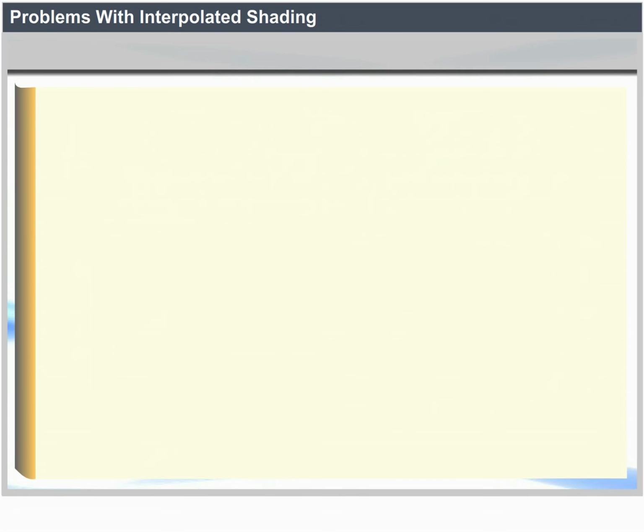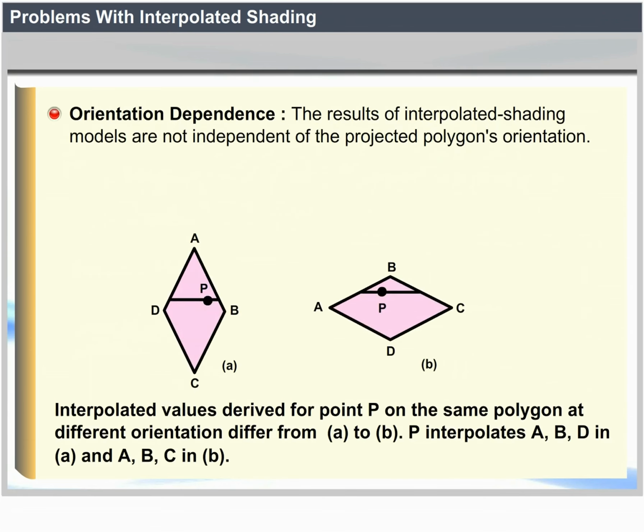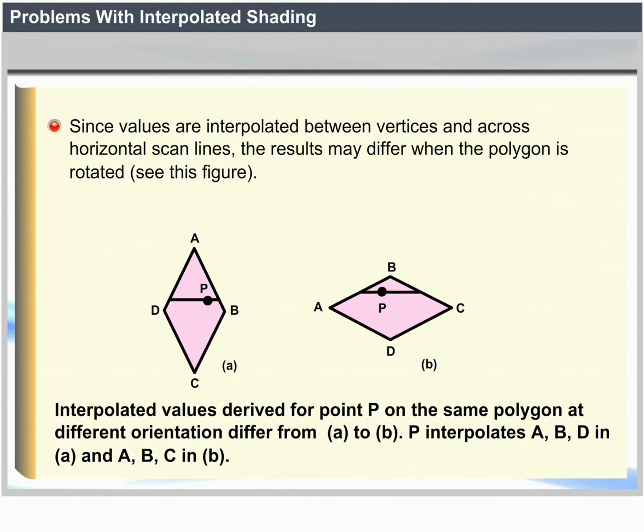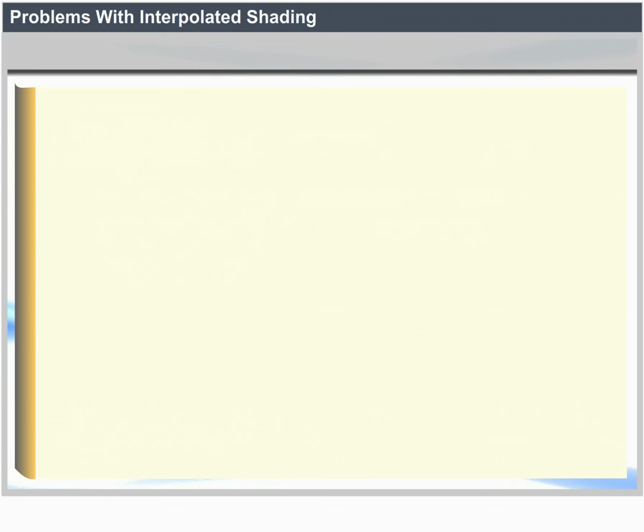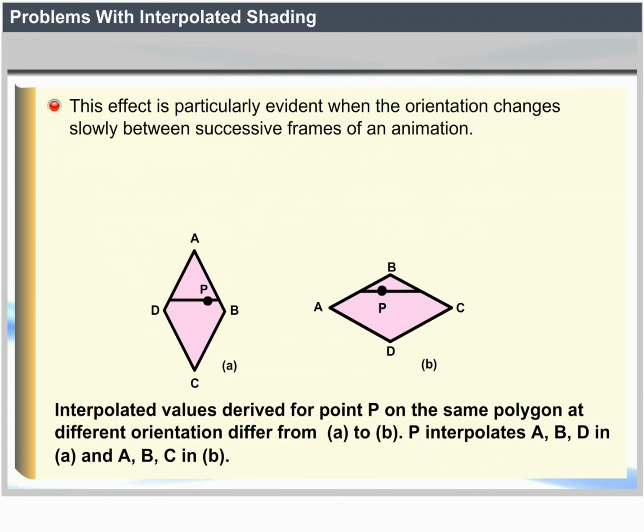Orientation dependence. The results of interpolated shading models are not independent of the projected polygon's orientation. Since values are interpolated between vertices and across horizontal scan lines, the results may differ when the polygon is rotated. See this figure. This effect is particularly obvious when the orientation changes slowly between successive frames of an animation.